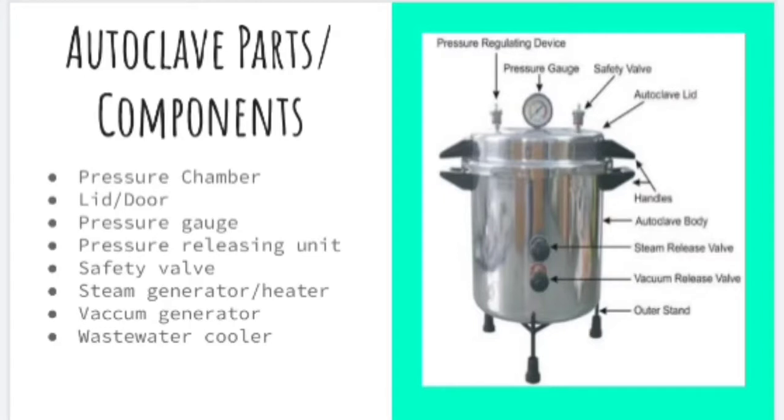The lid consists of various other components like pressure gauge. A pressure gauge is present on the lid of the autoclave to indicate the pressure created in the autoclave during sterilization. The pressure gauge is essential as it assures the safety of the autoclave and the working condition of the operation.